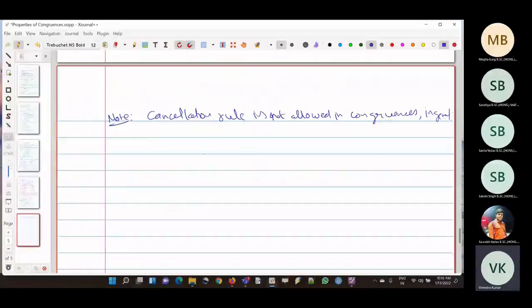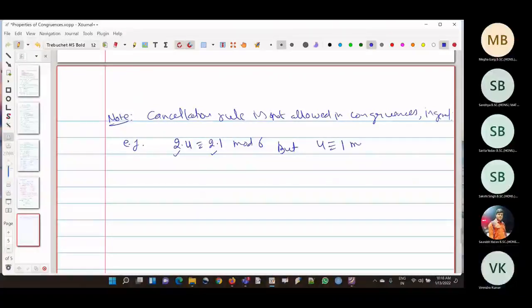In general we cannot cancel. For example, we can write 2 times 4 is congruent to 2 times 1 modulo 6. On the left side we have 8, and on the right side we have 2, and 6 divides 8 minus 2. But if we try to cancel these 2, we will get 4 is congruent to 1 modulo 6. So the cancellation law is not allowed here.